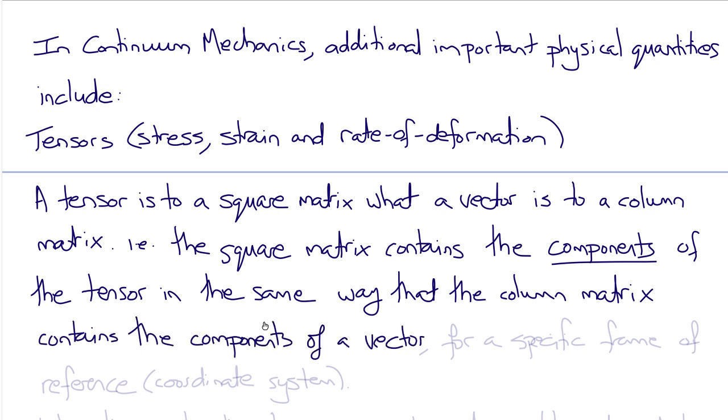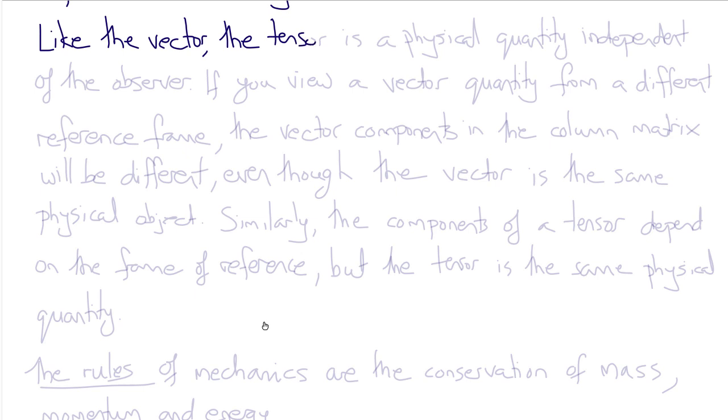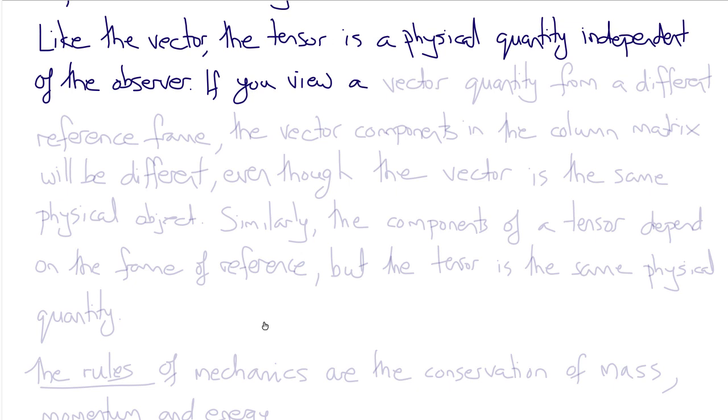And if you change the coordinate system, but the vector is a physical quantity, then the components of the same vector must be different in a different coordinate system. And that's exactly the same for a tensor. If the tensor is a physical quantity that's represented by a matrix, if you change your coordinate frame with which you use to describe it, because it's a fixed physical quantity, it'll have different components.